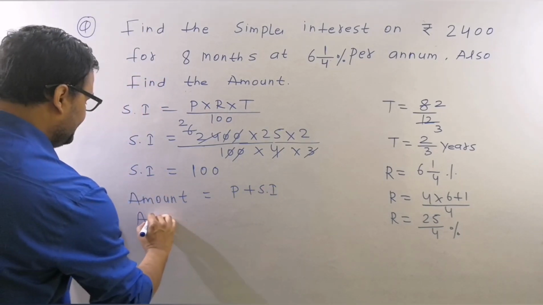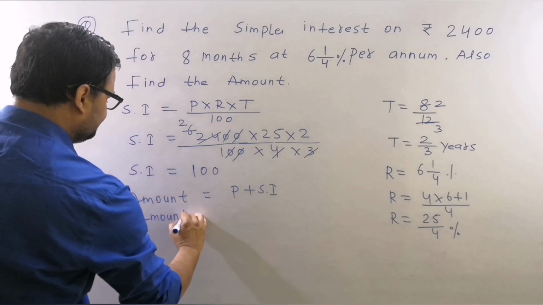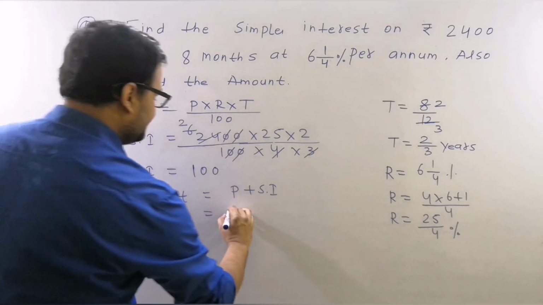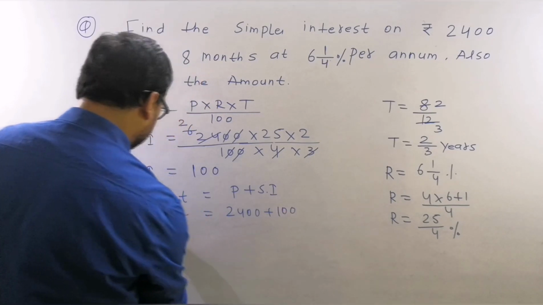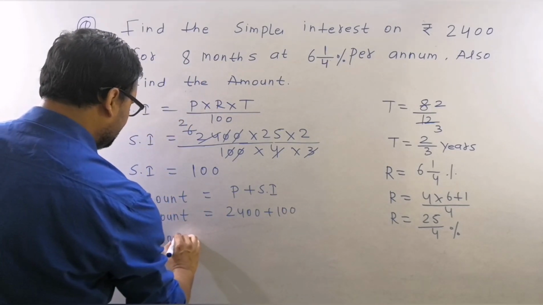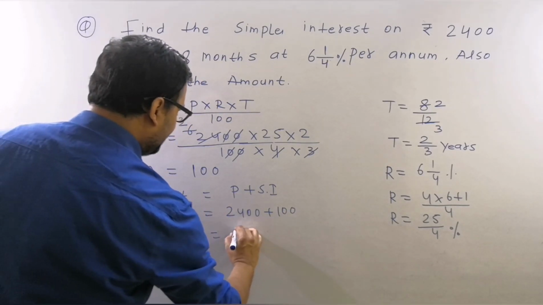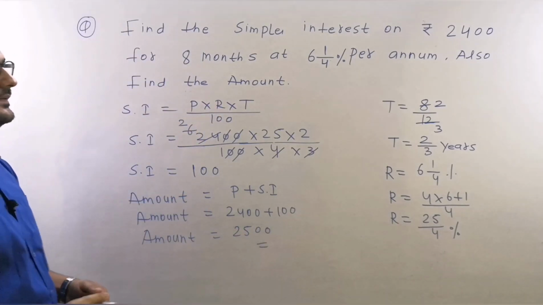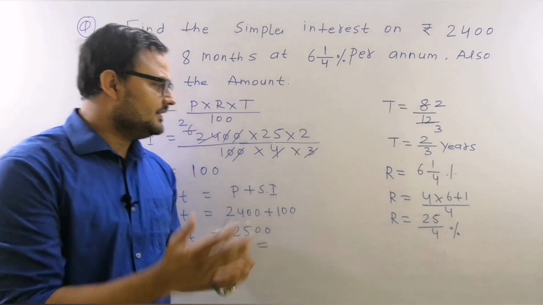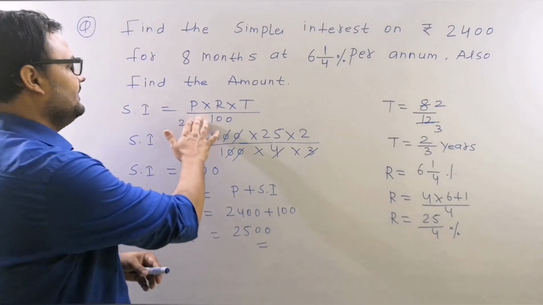So the amount is going to be P, we have 2,400, plus 100. So the total amount they have to pay after 8 months is 2,500. It's very easy. Basically for simple interest we have only one formula.